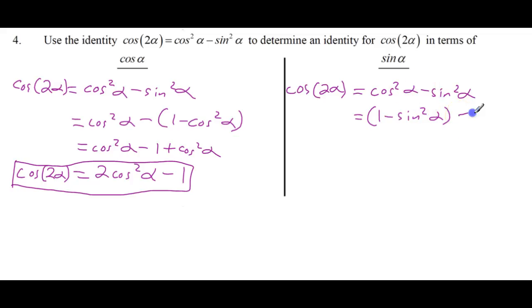In this case alpha, minus sine squared alpha. So I got 1 minus sine squared alpha minus sine squared alpha, which is 1 minus 2 sine squared alpha. And that's the cosine of 2 alpha. So in terms of cosine, cos 2 alpha is 2 cos squared alpha minus 1. In terms of sine, cos 2 alpha is 1 minus 2 sine squared alpha.